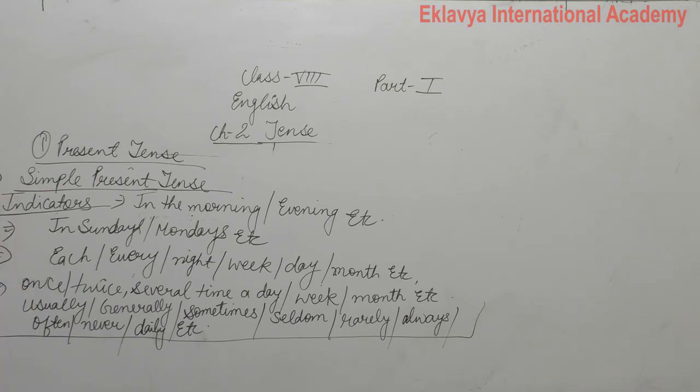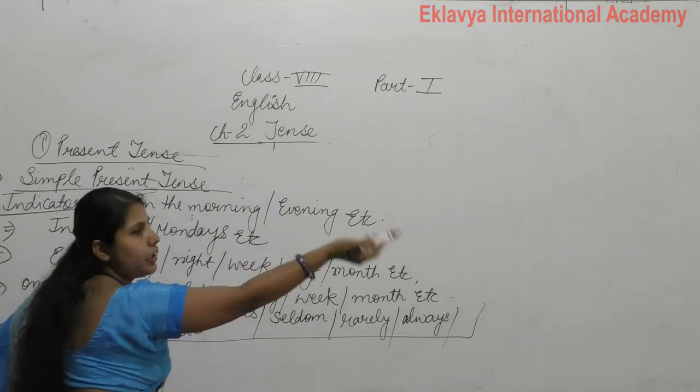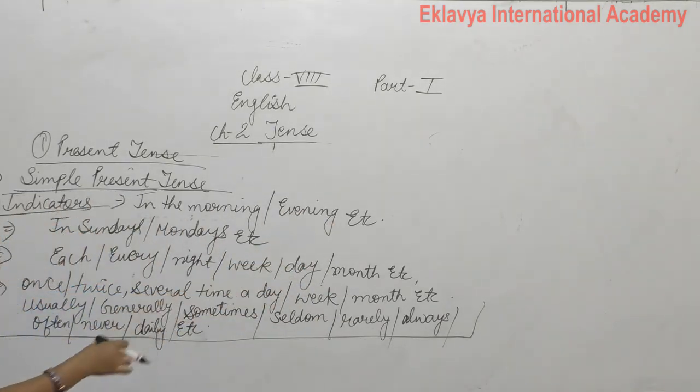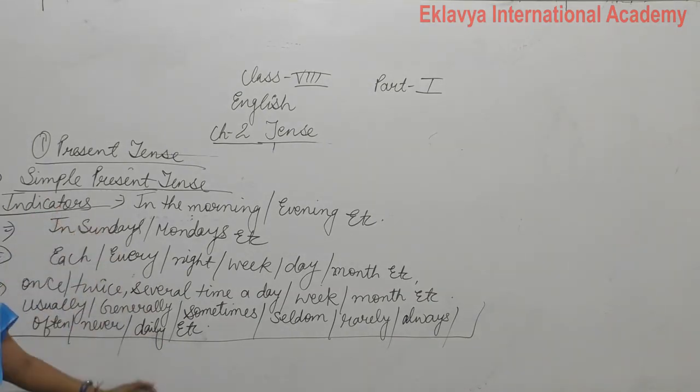If words like in the morning, in the evening, at noon come in a sentence, you can easily identify that this is our simple present tense. So you all write down these simple present tense indicators.